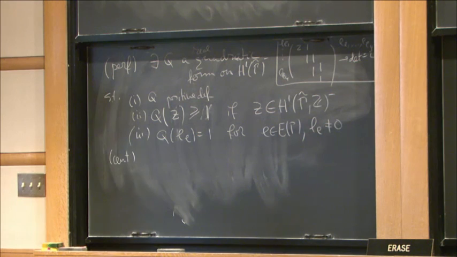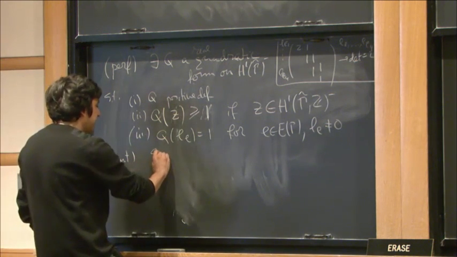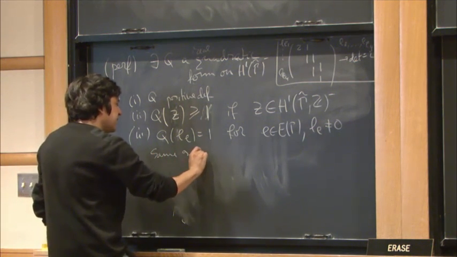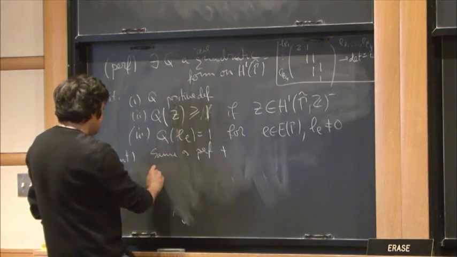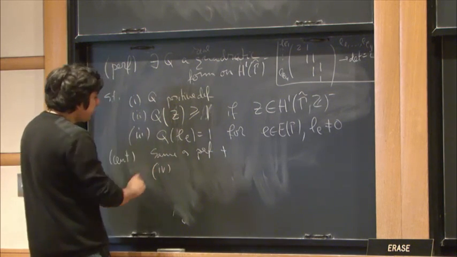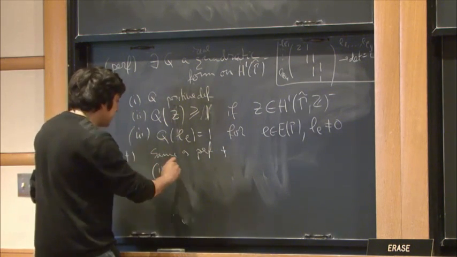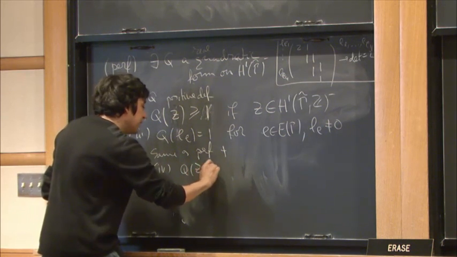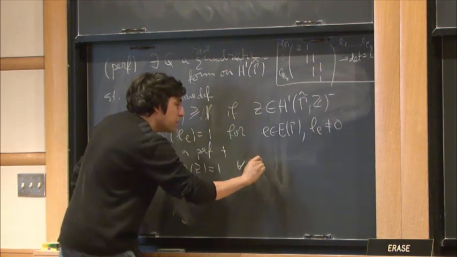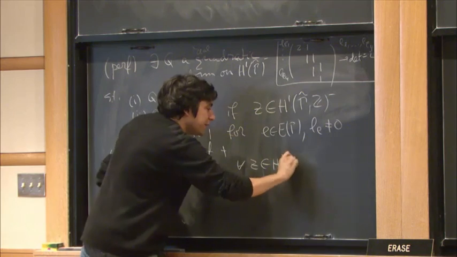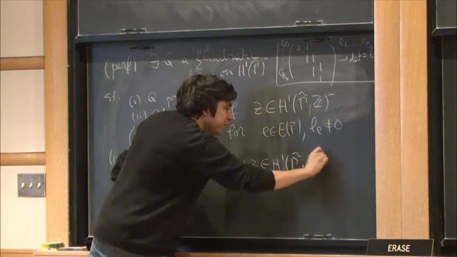Okay, and the central cone is the same as perfect plus an additional condition, which is Q of Z is equal to 1 for all Z in H1 of gamma tilde minus.